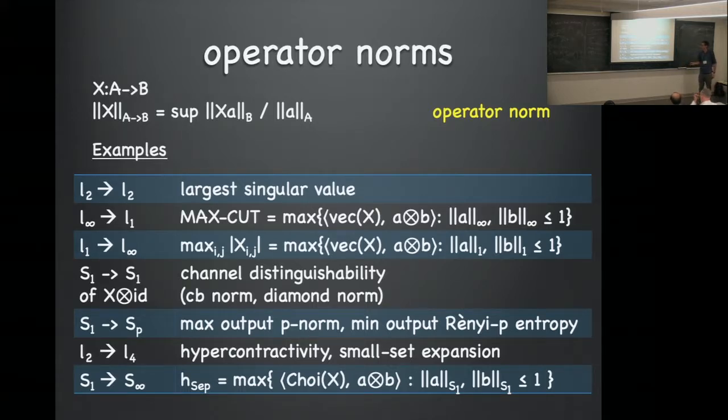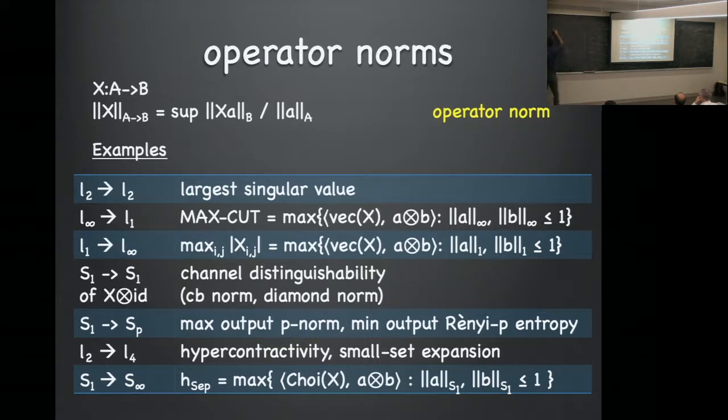And this in turn is the maximum over beta with Schatten 1 norm at most 1 of trace of beta times X of alpha.